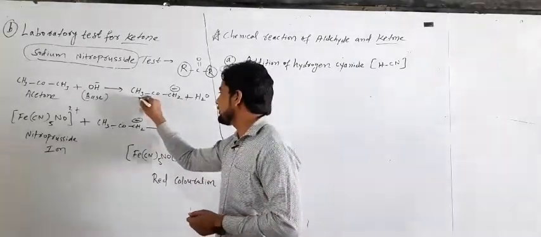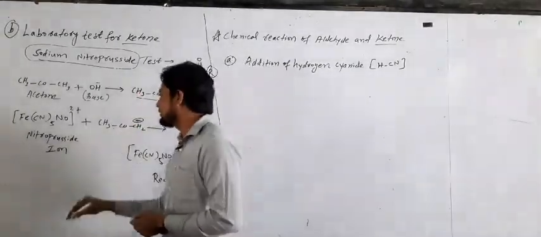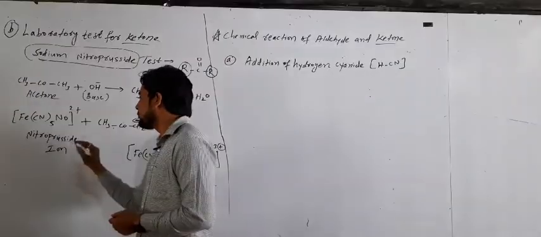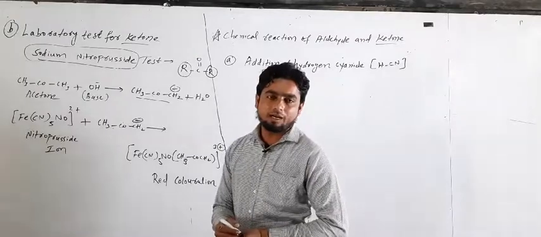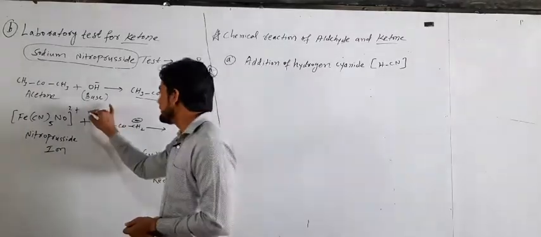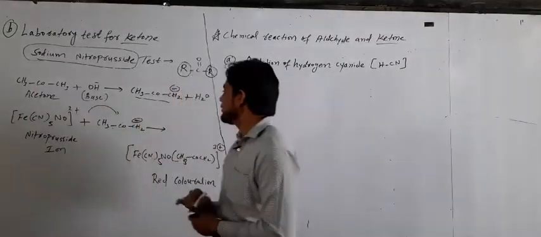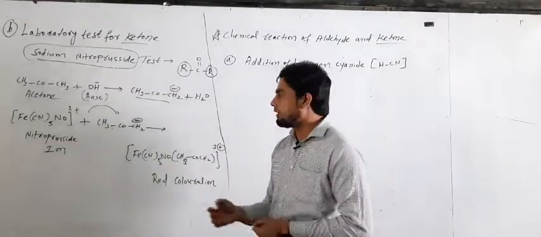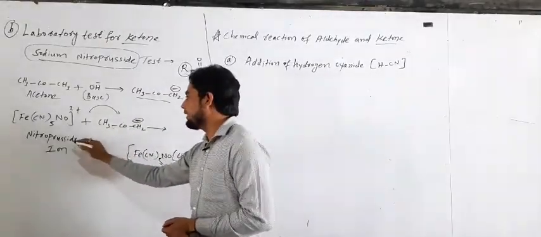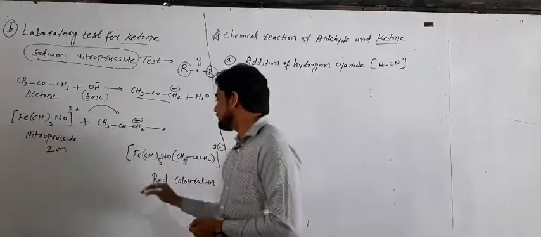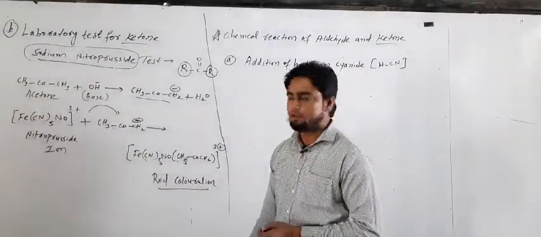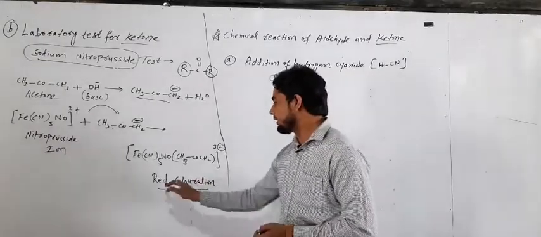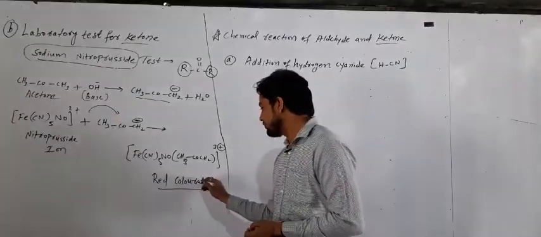When this ketonic ion compound reacts with or is added to a nitroprusside ion or compound, it forms a red coloration solution. It forms a red color solution.